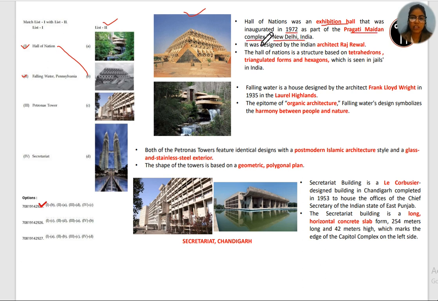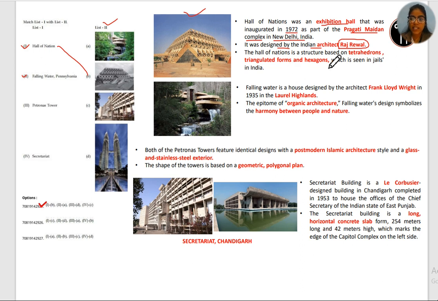An important factor is that it was designed by the Indian architect Raj Rewal. The name of the architect Raj Rewal is also important, as a question may ask you about the name of the architect.